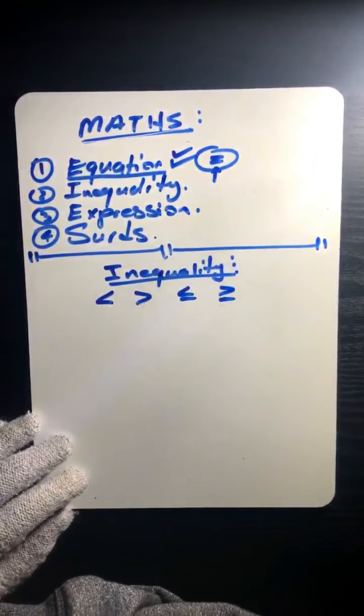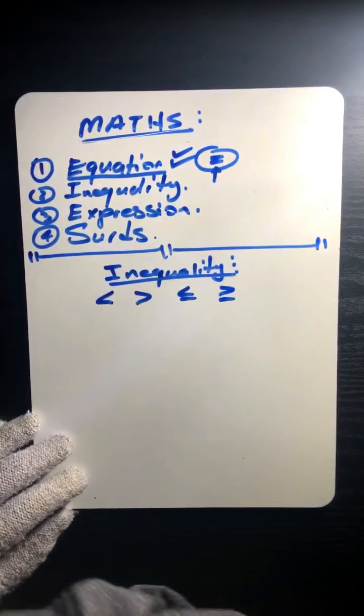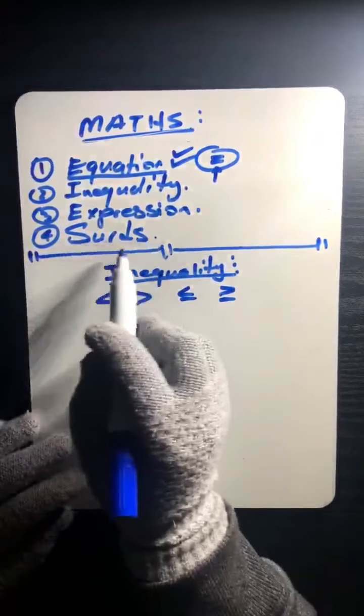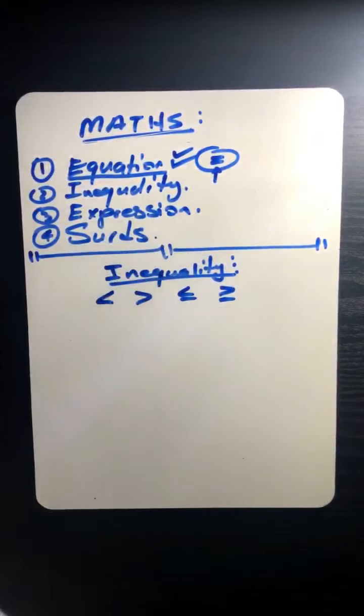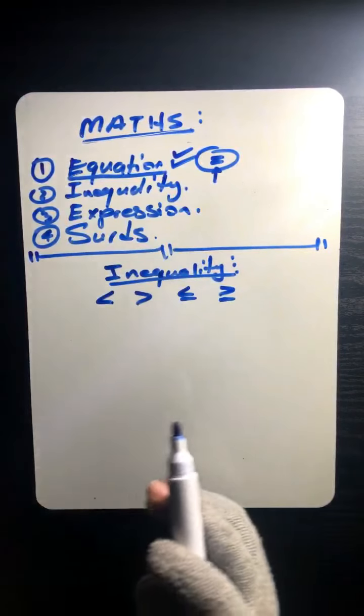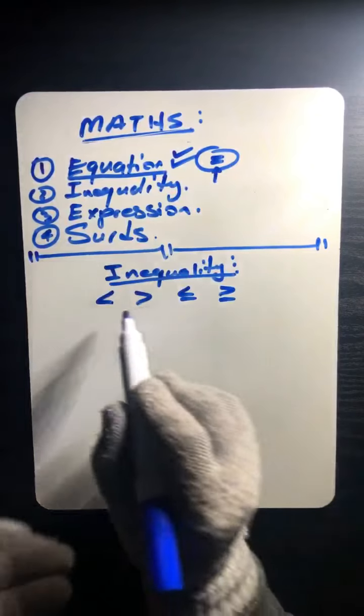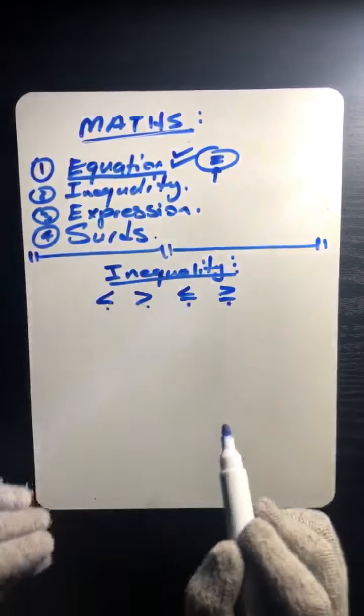The one with the square root is going to be surds. We're going to get to that one. So the moment you see this sign, you know you're dealing with an inequality.